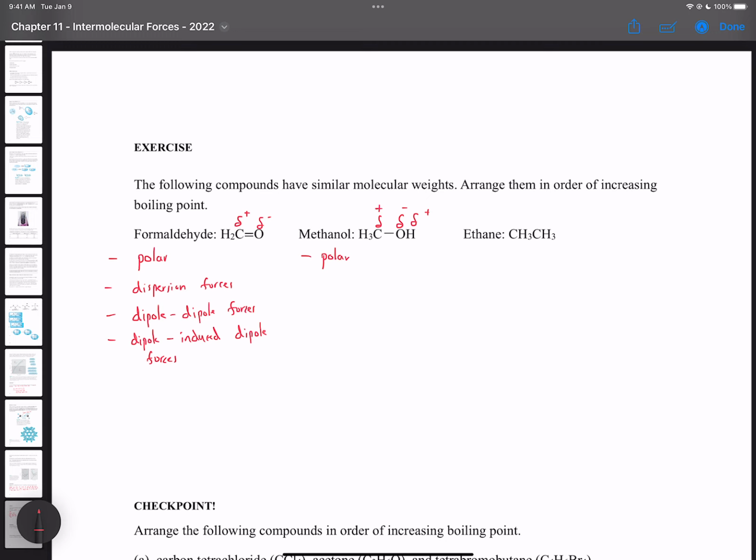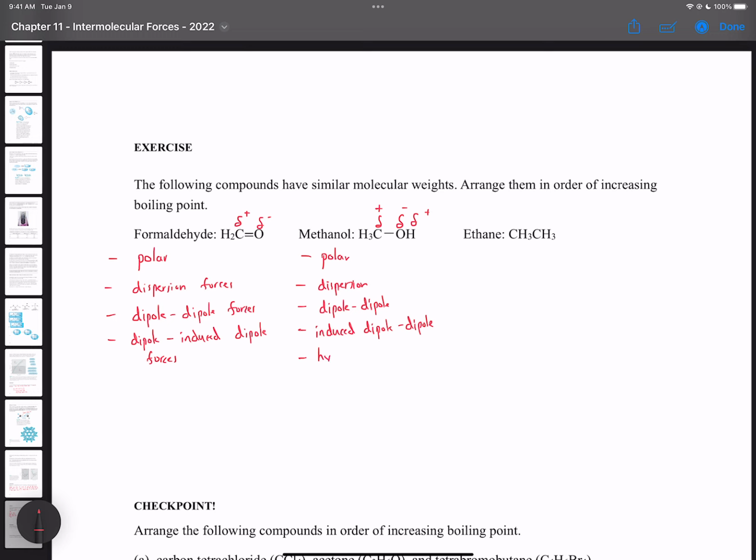So it has all the interactions we just listed: dispersion, dipole-dipole, induced dipole, but also another key one, which is hydrogen bonding.